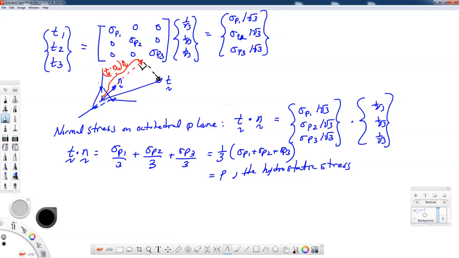We can use the Pythagorean theorem to look at the magnitude of the traction vector T. We're going to look at the magnitude of this red vector, and we're going to use that to find the magnitude of this black vector. So let me say that this is T. It's perpendicular to N. And let me call this one in red the portion of T that is parallel to N. Let me make a little bit of room.